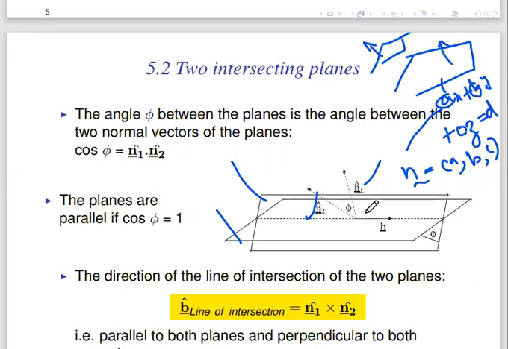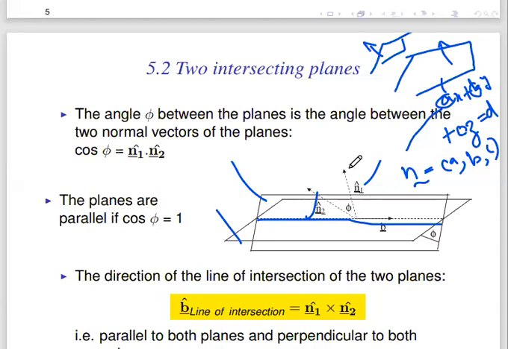Then they intersect at this straight line. This is the common line to both planes. The other thing is that the cross product of n1 and n2 is parallel to this line. You have that information as well.